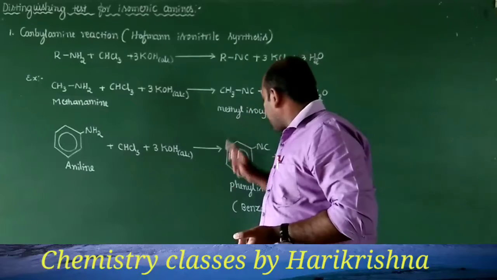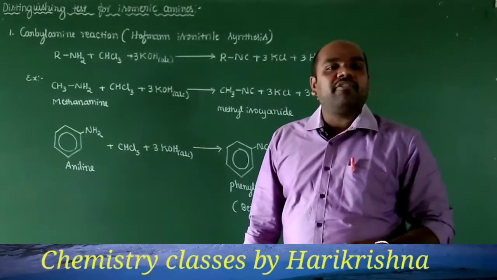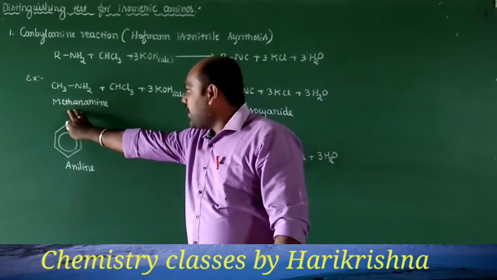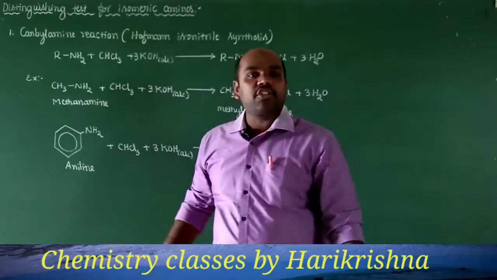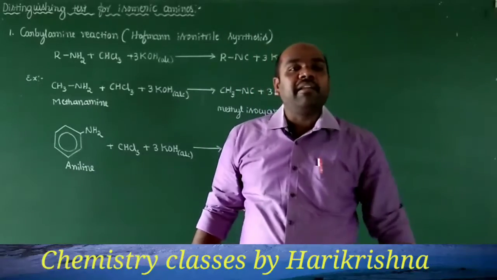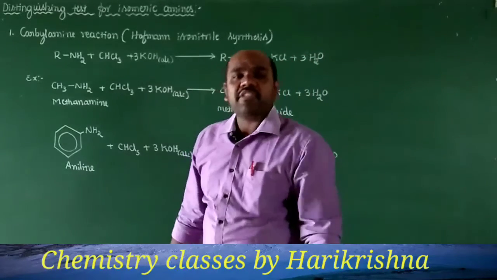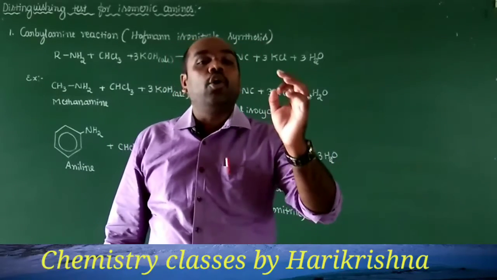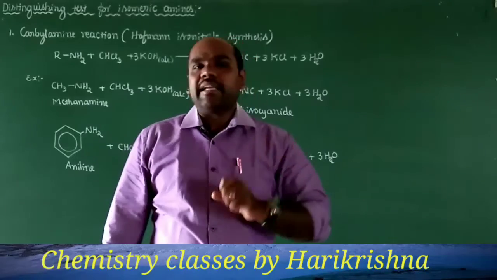When the methyl isocyanide or phenyl isocyanide is formed, the foul smell clearly indicates that the amine we have taken for the carbylamine reaction is a primary amine and not a secondary or tertiary amine. So this carbylamine reaction answers only for primary amines and not for secondary amines.